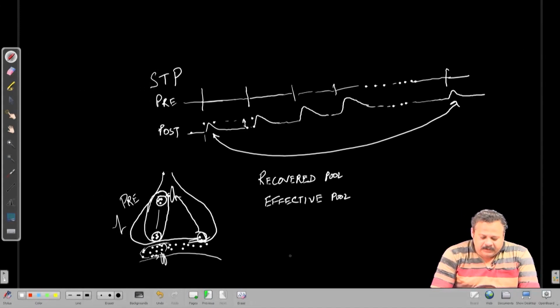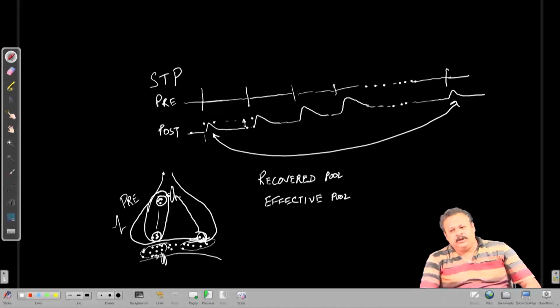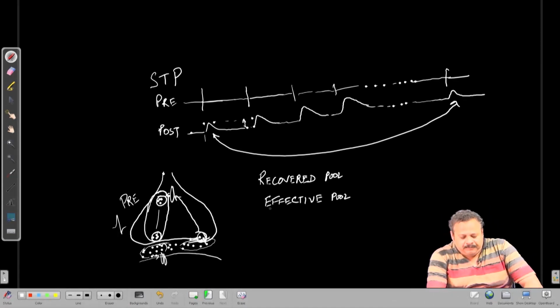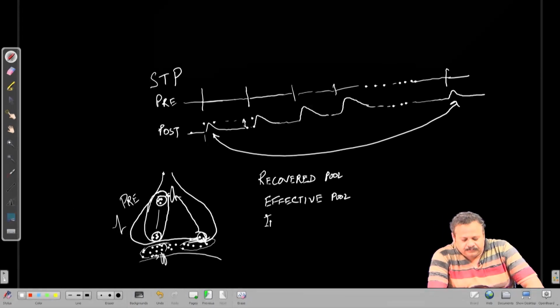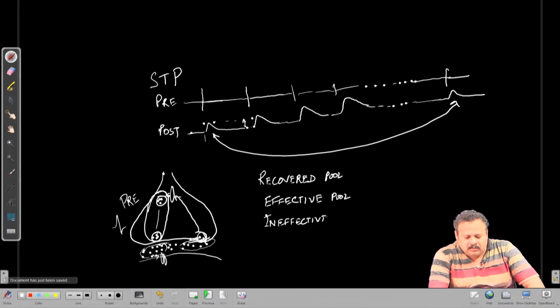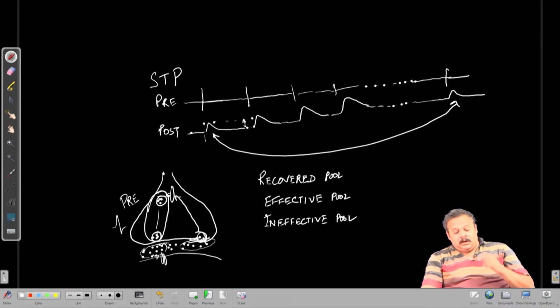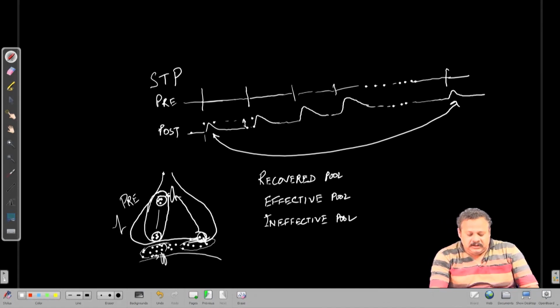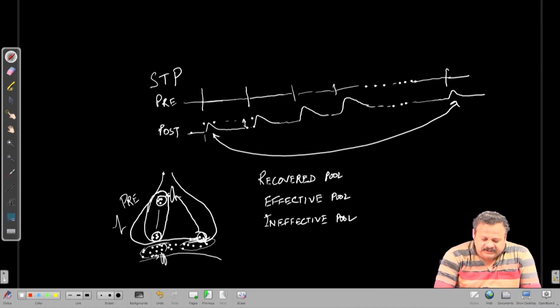And the ones that are left in the synaptic cleft unused to be taken back up is called the ineffective pool, or inactive pool, does not matter. And so, it is a three state process that is happening.